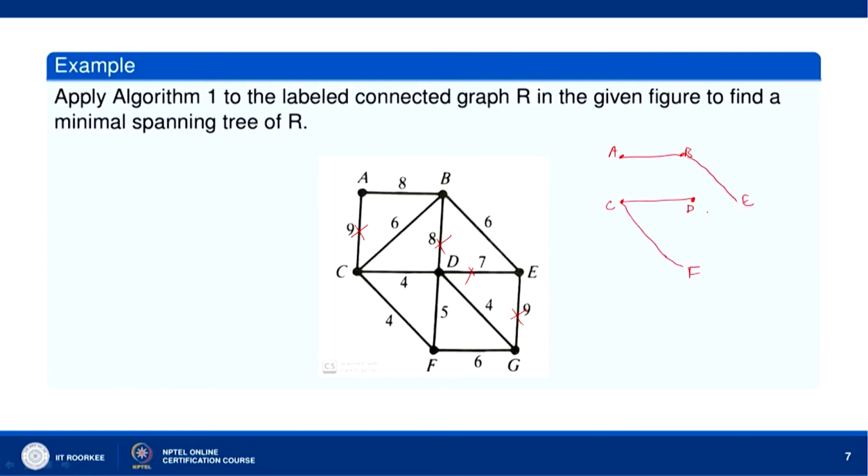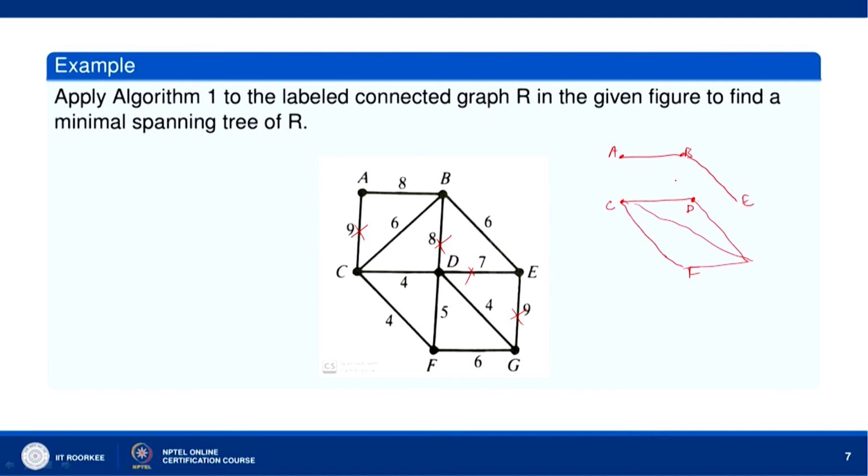If we delete BC, the graph becomes disconnected, because D has already been deleted. This D is not there. So, the graph which is remaining is like this now. If BC is deleted, the graph becomes disconnected, and therefore, BC is not to be deleted.